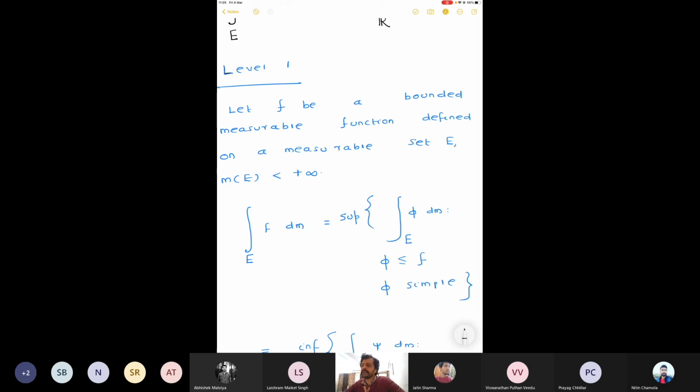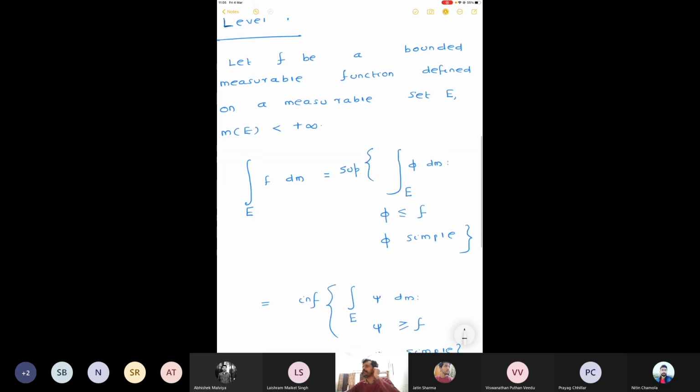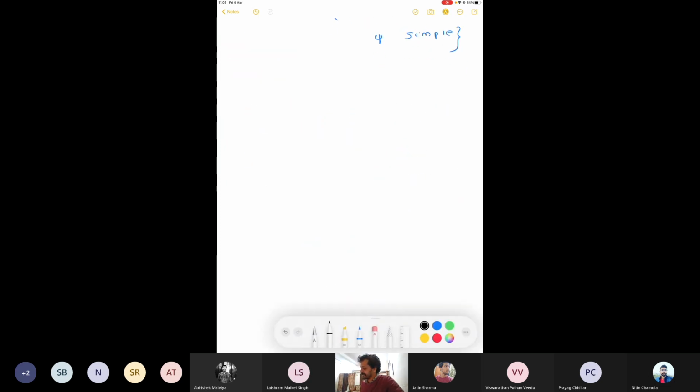So naturally, our expectation is that if the bounded measurable function that you started with happens to be Riemann integrable, then you can integrate it in the Riemann sense and get a value. And now you have a new integration in the Lebesgue sense. Our expectation is that both should coincide. So that we are going to verify first.